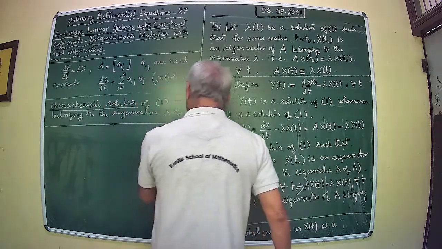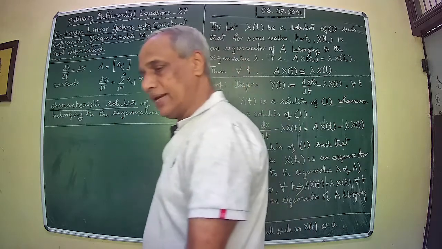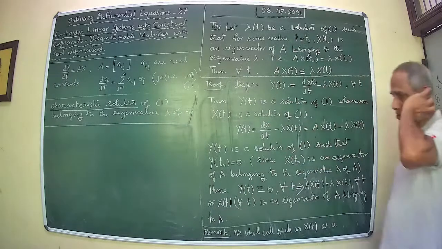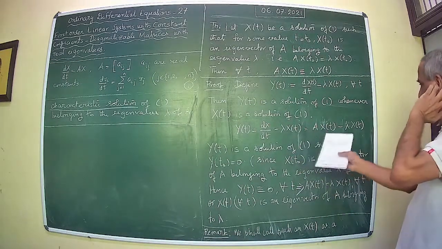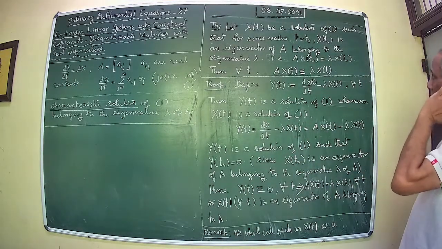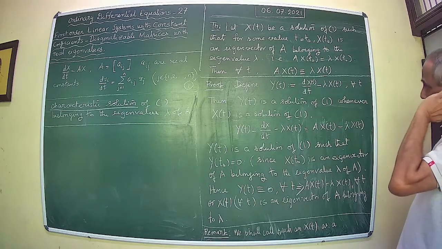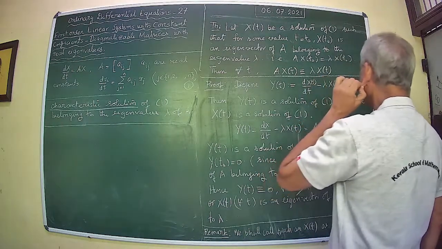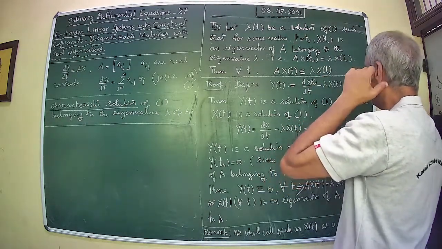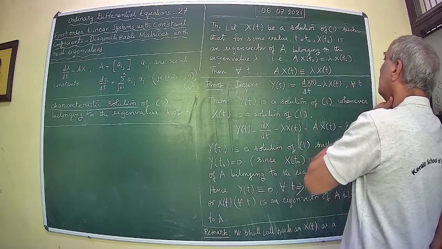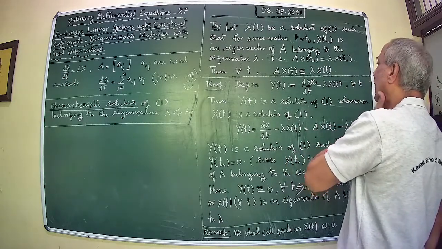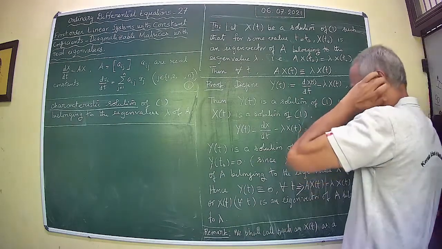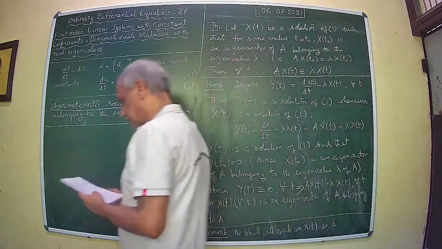Corresponding to each such vector, you construct a solution. And then this solution set also has this property. Because of this theorem, it follows that x(t) is an eigenvector of A corresponding to lambda for every t.